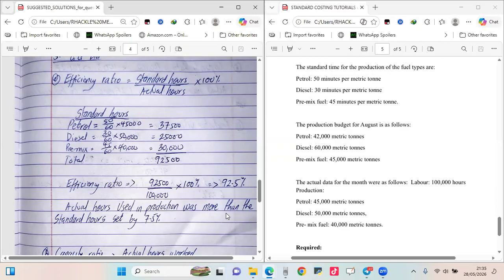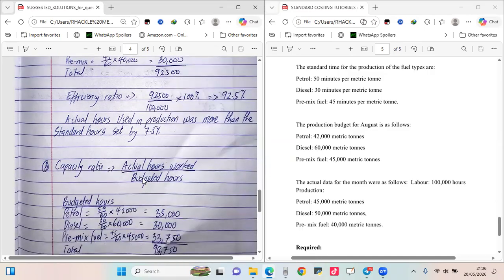Instead of using less time to produce more, we use more hours for this normal actual production. We should have used lesser, but we've rather used more.